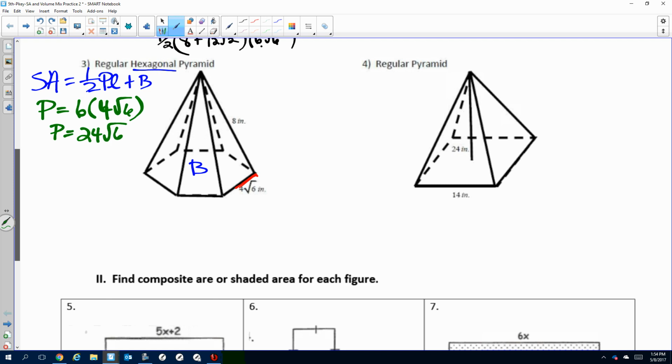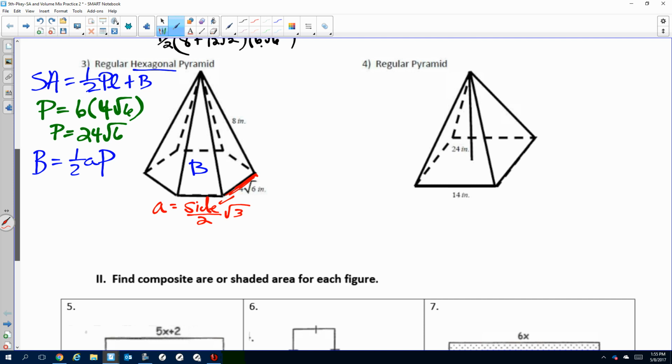Then I need to find my B there in the base. That is 1/2 the apothem times the perimeter. Now, when I'm dealing with a hexagon only, your apothem basically is your side divided by 2 times radical 3. Well, here's our side, that 4 root 6.